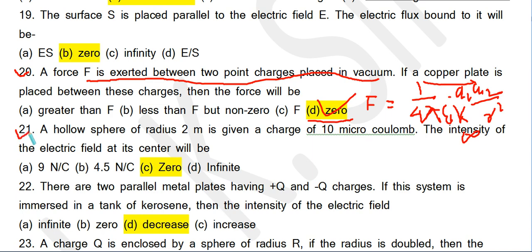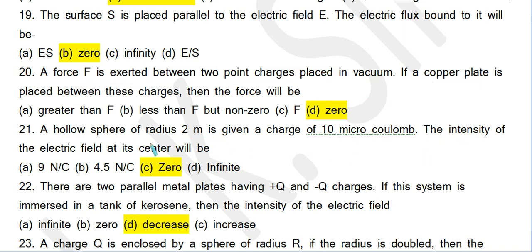Now in question number 21, a hollow sphere of radius 2 meter is given a charge of 10 microcoulomb. The intensity of the electric field at its center will be... We know that the electric field inside a conductor is 0, so the center lies inside the sphere, so its electric field is 0.